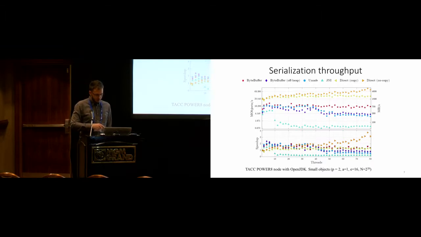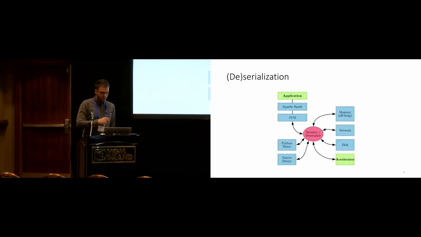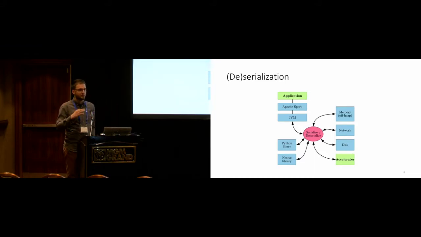All right, so this doesn't only happen with Java. It happens with all kinds of tools that are written in these high-level languages that run on virtual machines and interpreters that handle all this memory management for you. And this gives a lot of what we call deserialization or serialization overhead. So it might be that you have a setup like this. You have some application running on top of Apache Spark.